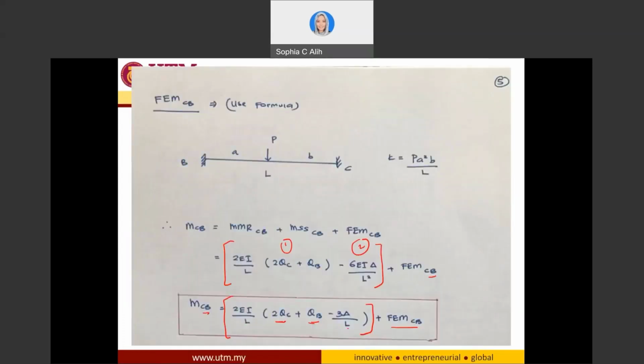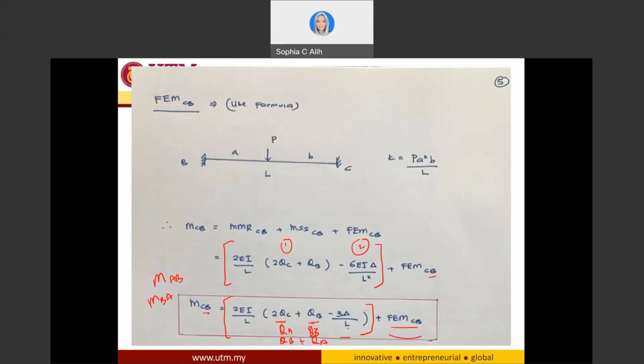It is only the difference that if, for example, I am looking at the end moment of AB, then I will have to use 2EI over L, then 2 theta A, okay, plus theta B. And if I want to have the end moment of BA, then all the equation is the same, but 2 theta B plus theta A, and the others are also the same.